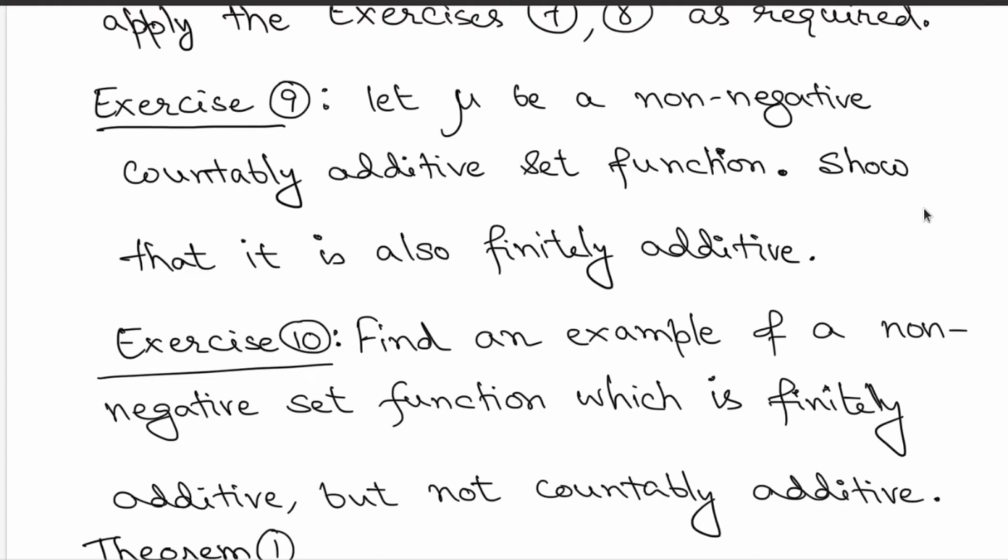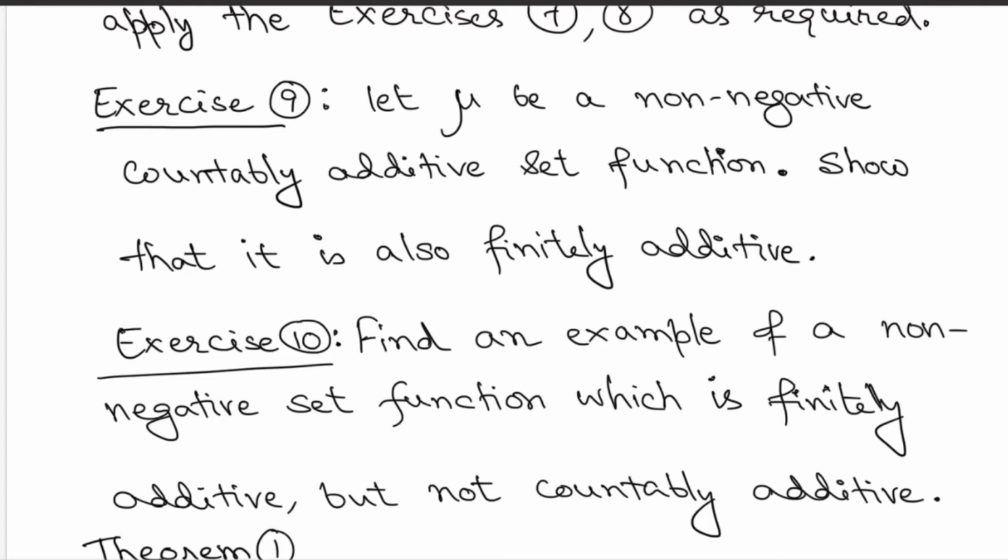So exercise 9 says that all countably additive non-negative set functions, all measures on fields, are finitely additive. You are asking the converse question: given a non-negative finitely additive set function, is it true that it's also countably additive? Exercise 10 is going to tell you that it's not true, and you are supposed to figure out an example of such a thing.